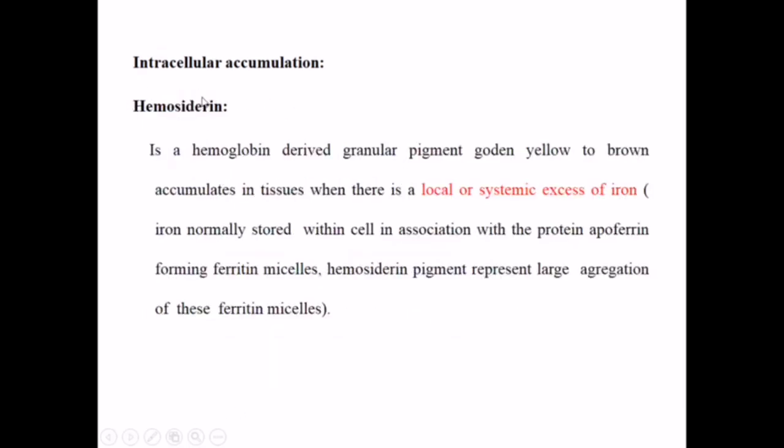Intracellular accumulation also includes hemosiderin, a hemoglobin-derived granular pigment. It is golden yellow to brown. This accumulation may be local or systemic excess of iron. The iron is stored in association with the protein apoferritin, called ferritin.